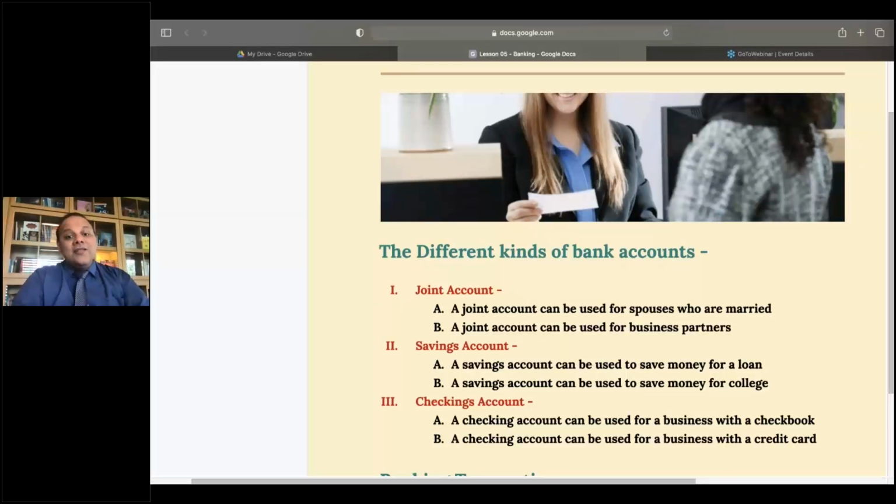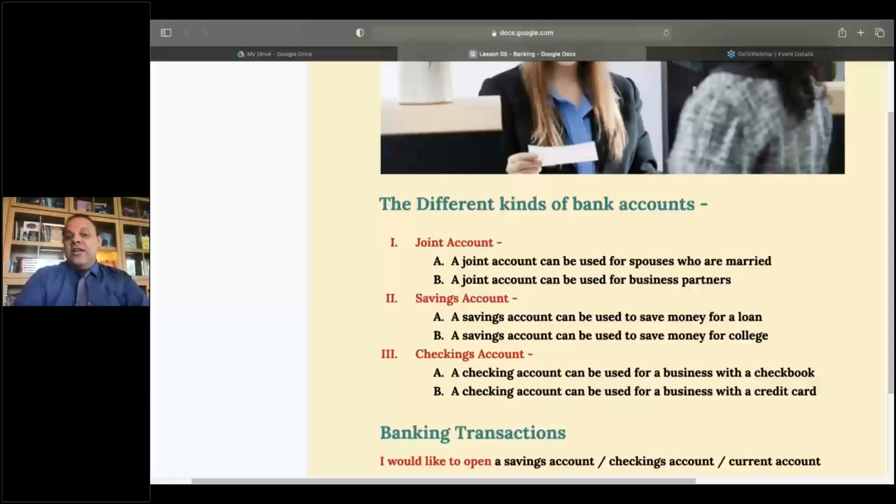Perfect. And we also have a checkings account. A checkings account is used for a business with a checkbook. So you can write a check. That's a checkings account, or the British call a checkings account a current account, right?